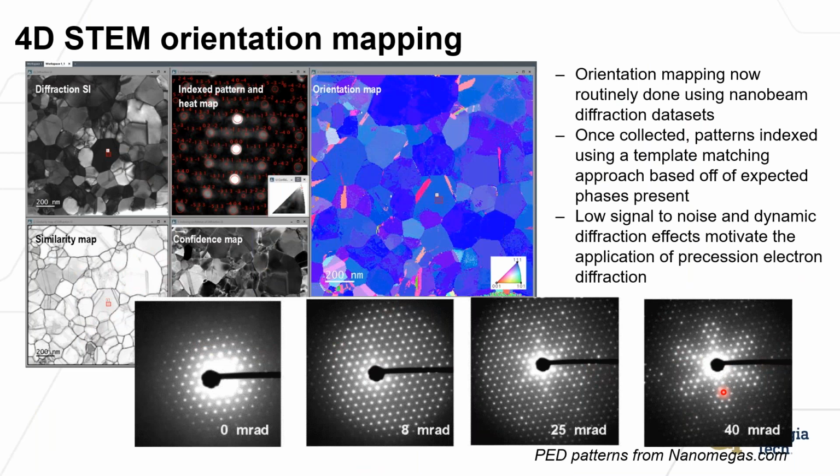The issue with this is that many of us don't have precession electron diffraction on our TEMs. So as George said, we don't have these capabilities. So it motivated us to see what types of techniques we could develop to be able to get reliable orientation maps without having to go to these hardware solutions.